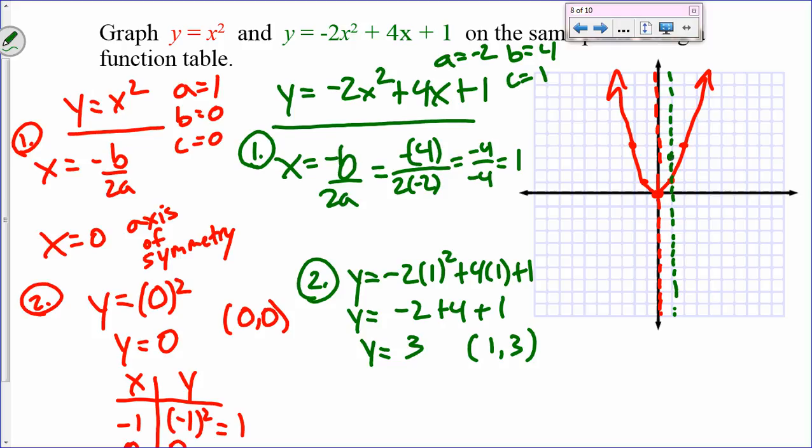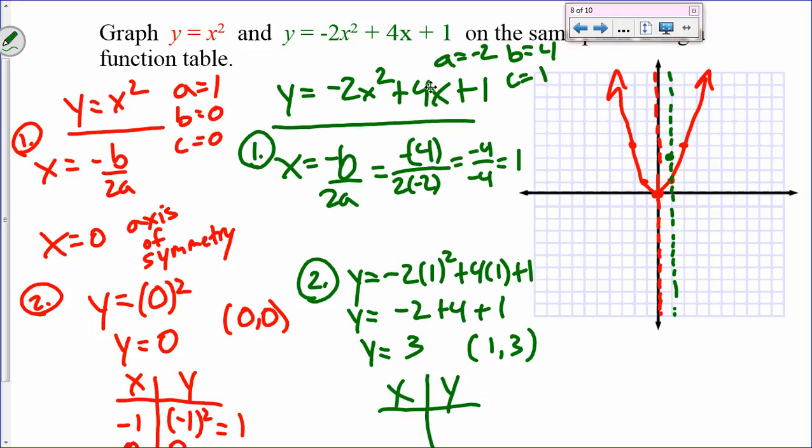So again, this one is getting crowded. Also, we notice a is negative in this case. So what does that tell us about our parabola? Well, it will open down, because a is negative. So let's go ahead and make a T-chart, get us a couple points going here, x and y.